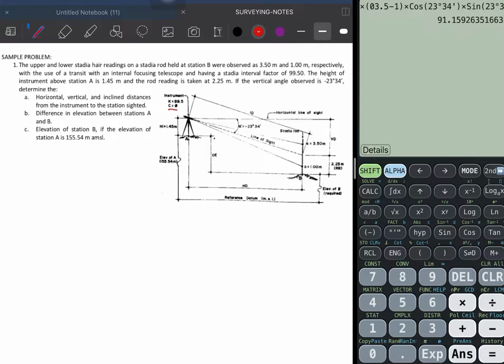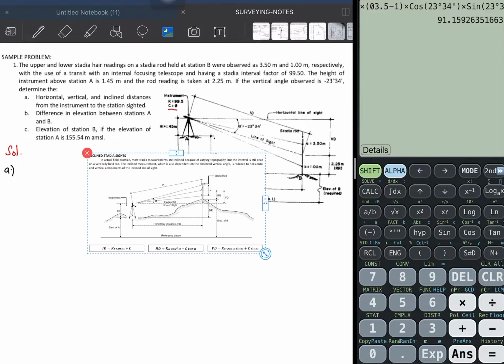So, okay class, to continue, let's have the solution for this problem. Okay. So, for A, we are to solve for the horizontal, vertical, and inclined distances.